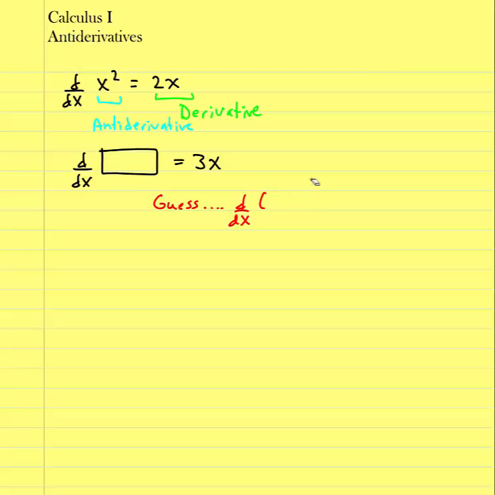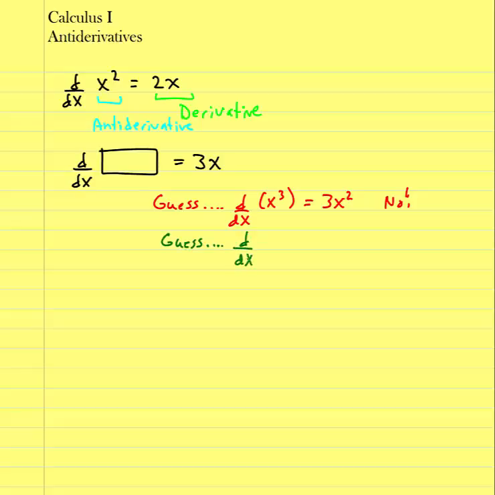Actually just do x cubed, because I know that that 3 has to come out front. When I take the derivative, I get 3x squared. So, nope, this isn't correct. I wanted 3x. So let's try another guess.